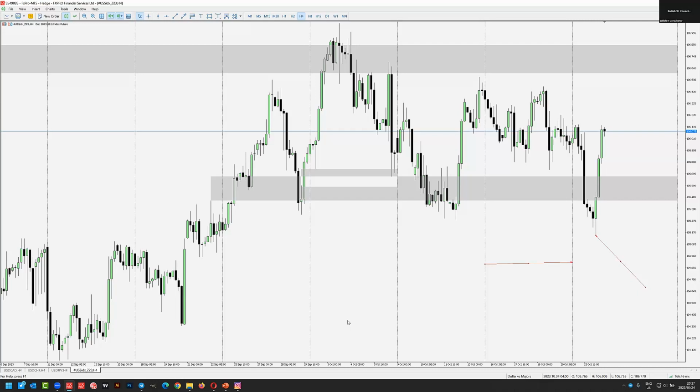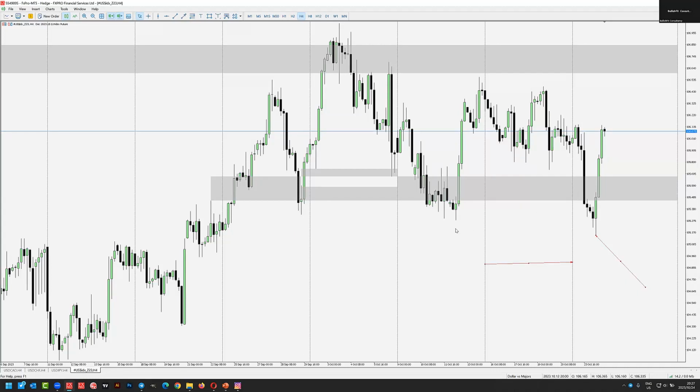What do you need to see in USD CHF? USD CAD is also supposed to make a lower low at the same time that dollar is making a lower low. At the same time, EUR/USD should be making a higher high, right?